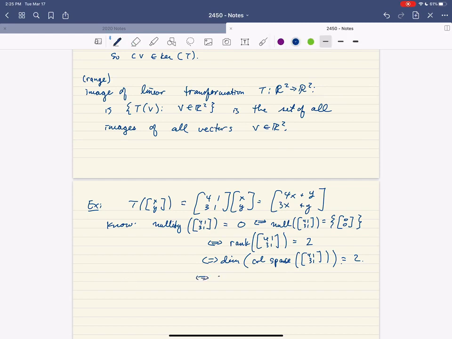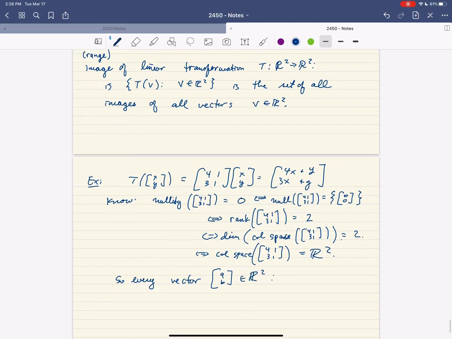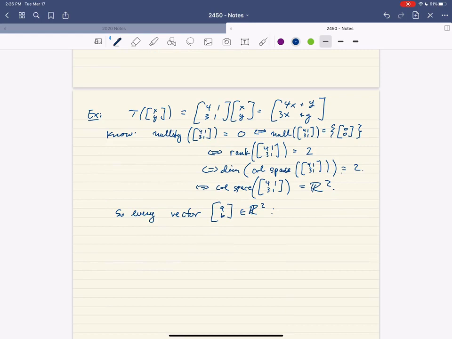This means that the column space of our matrix 4, 1, 3, 1 is R2. It's everything in R2. So that means that every vector, say a, b, in R2 is in the span of the columns.